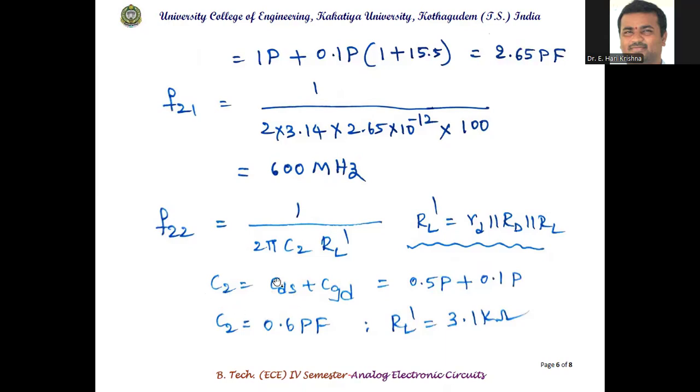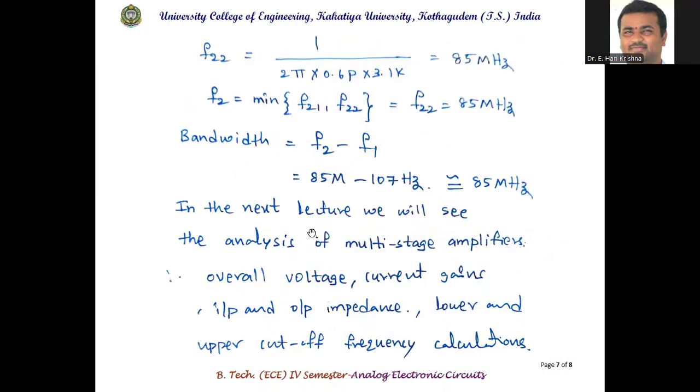C2 is equal to CDS plus CGD, 0.5 picofarad plus 0.1 picofarad. The answer is 0.6 picofarad. Substituting these two values into this equation, F22 is equal to 1 by 2 pi, 0.6 pico, that is 10 power minus 12, multiplied by 3.1K. The answer is 85 megahertz.